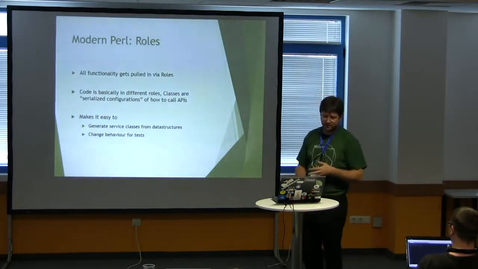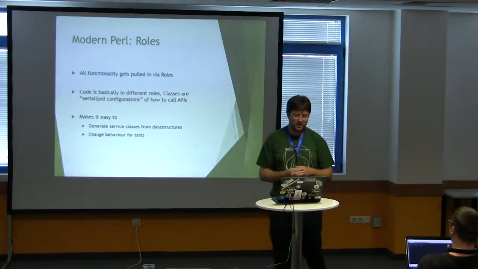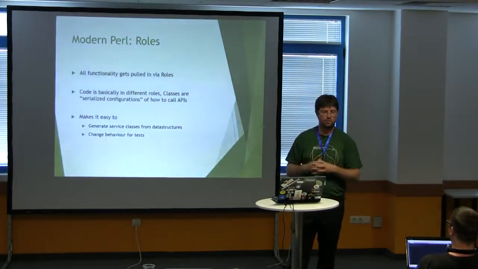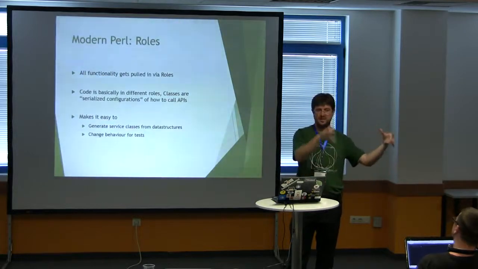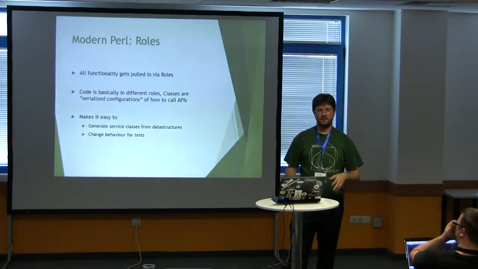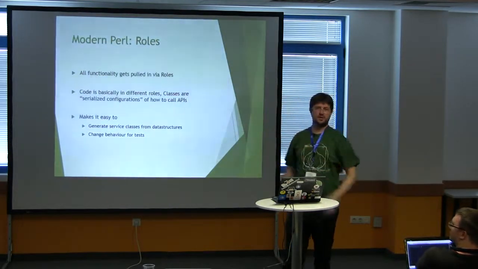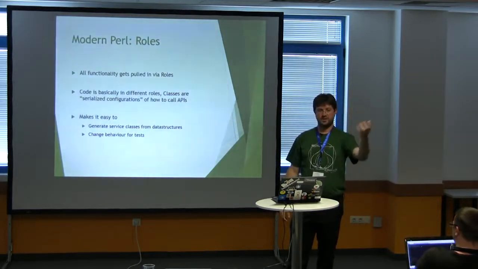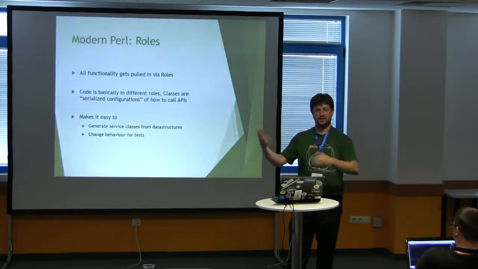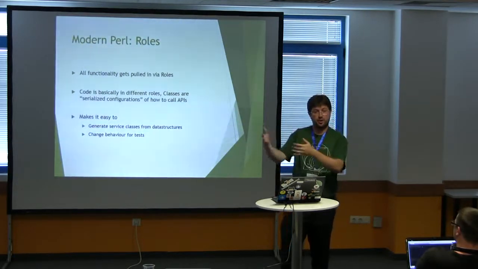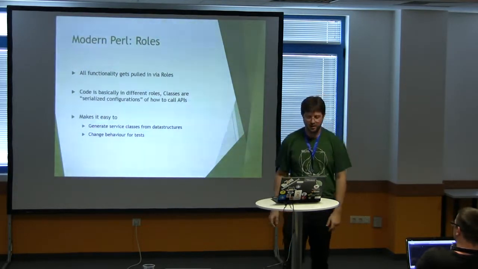So that makes it very, very easy to generate these service classes, for each service we generate a class, and that class has methods, and those methods have parameters. So what we call service classes, there's an EC2, you instantiate an EC2 class for calling EC2 methods.